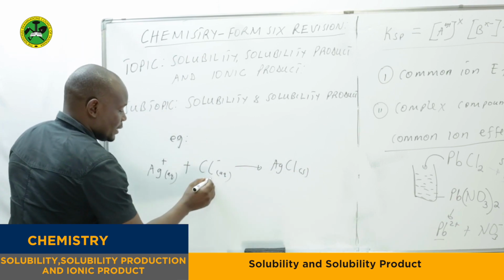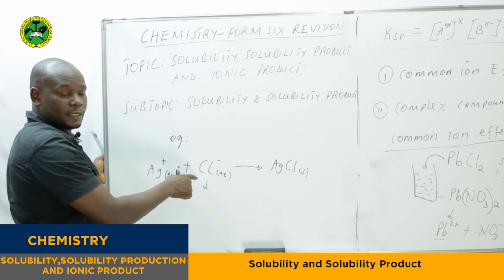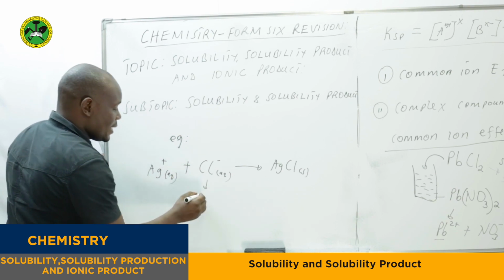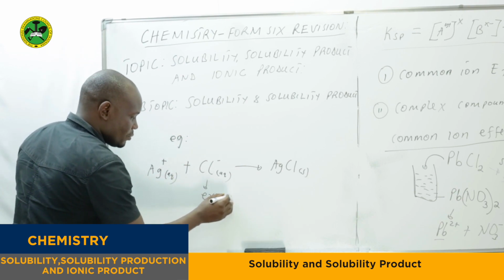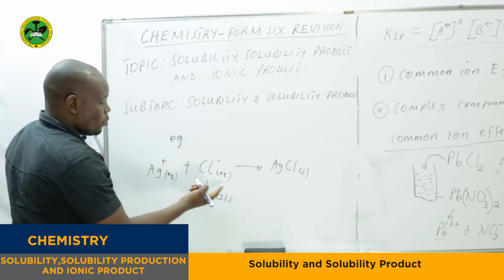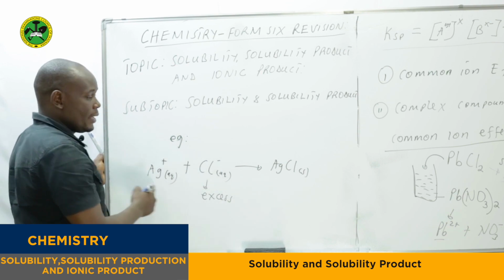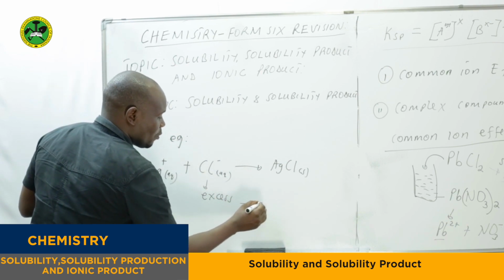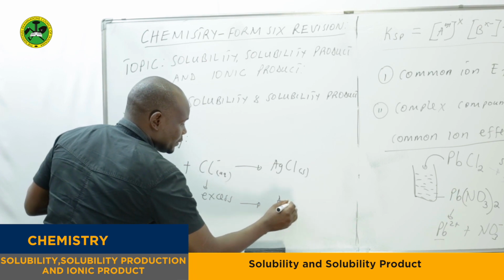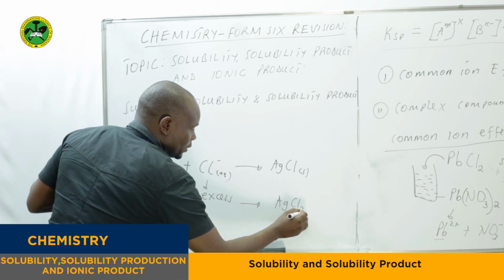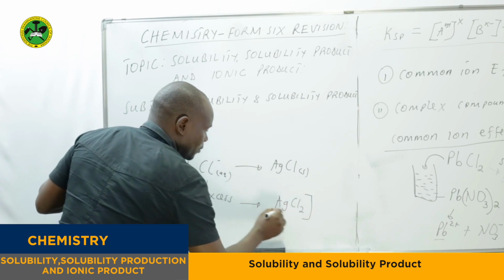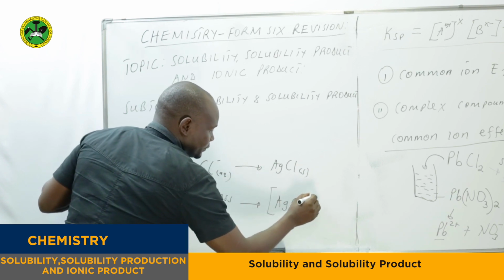But in case chloride ions are in excess, you add excess chloride ions, they will combine with silver and form a complex compound, dichloroargentate(I) ions, the dichloro silver(I) ion.